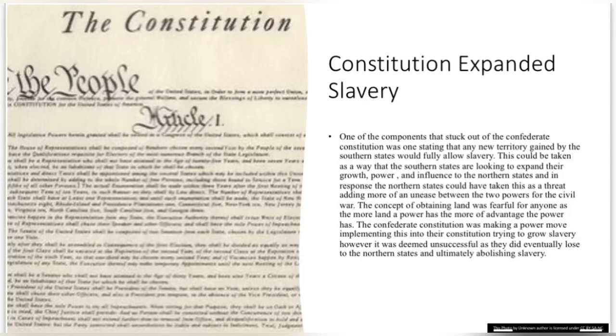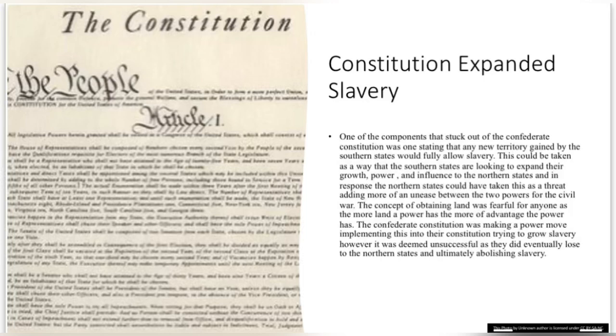They could be taken as expanding their growth, power, and influence to northern states, and in response, the northern states could have taken this as a threat, adding more of an unease between the two powers, which ultimately led to the Civil War. The concept of obtaining land was fearful for anyone, as the more land you have, the more power you have.